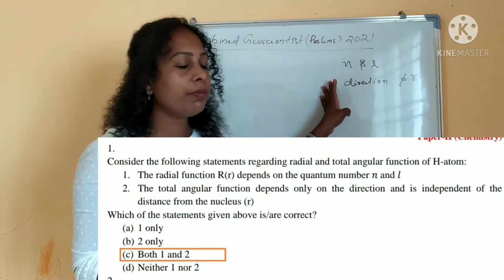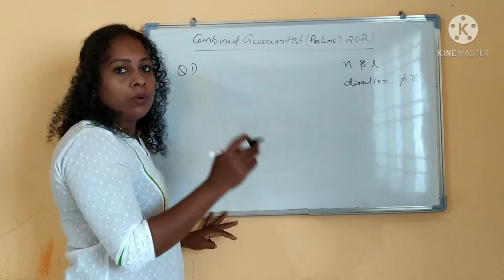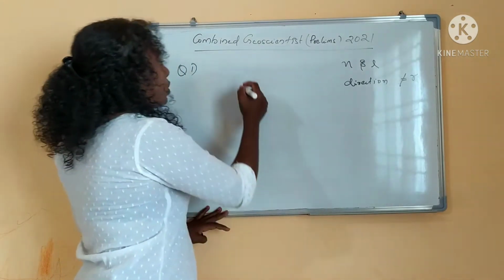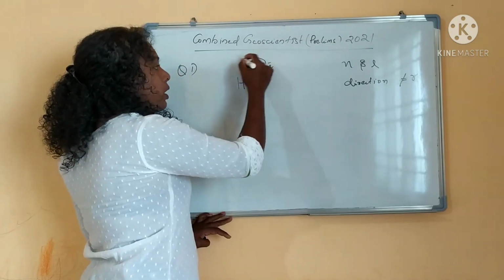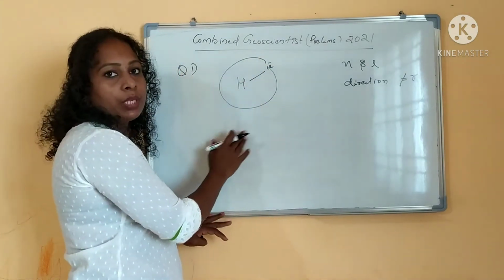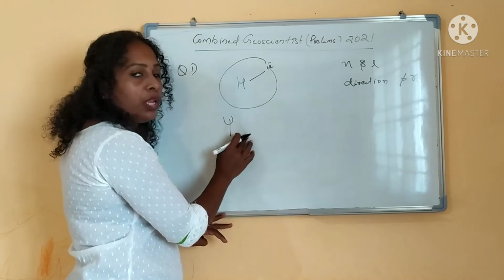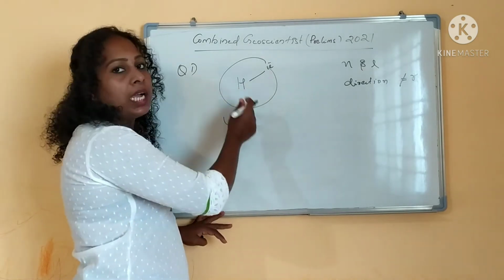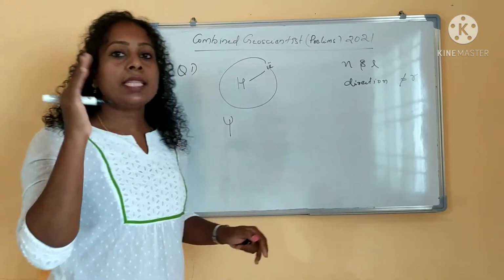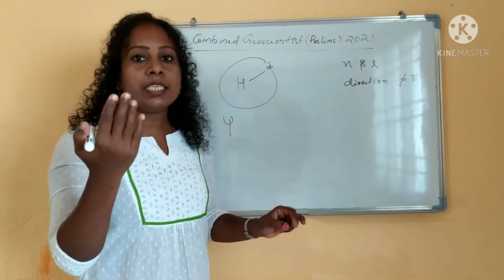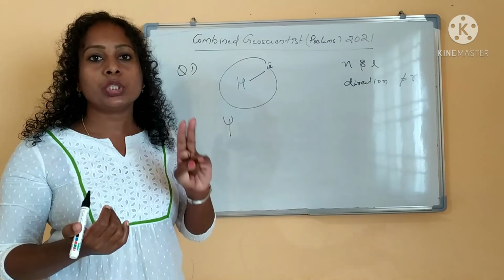So how will you find this out? We have already solved the quantum mechanics. For a hydrogen atom, it is a one electron system, right? So while setting up a Schrodinger equation, for the psi value you have to consider the Cartesian coordinate as well as the spherical coordinate. So it is a 3D space, an electron in a 3D space, and two types of wave function you have to find.